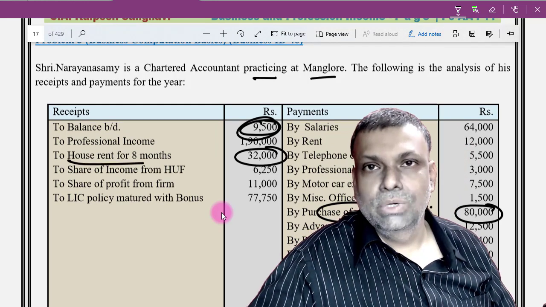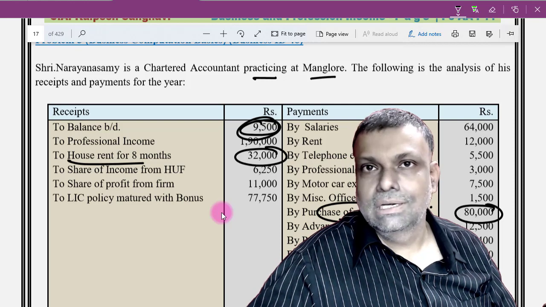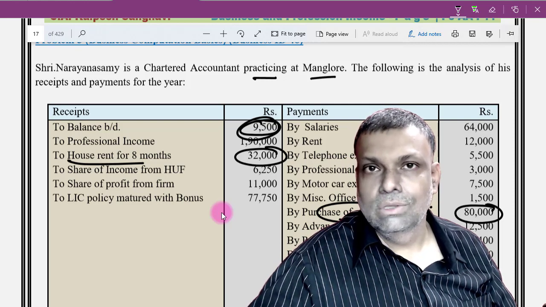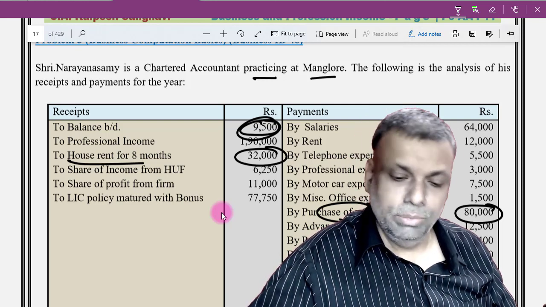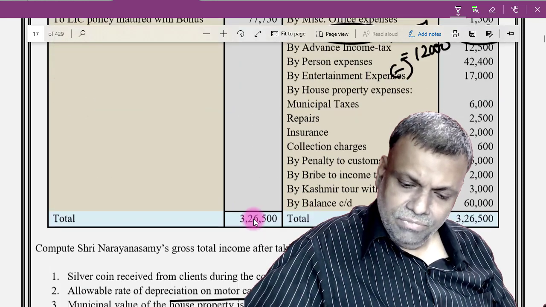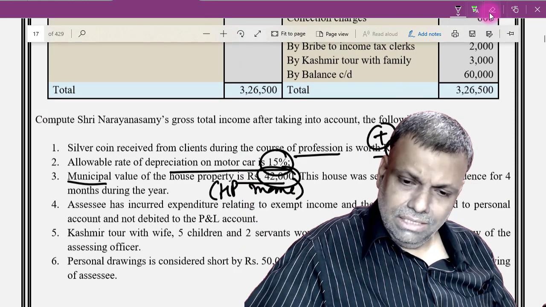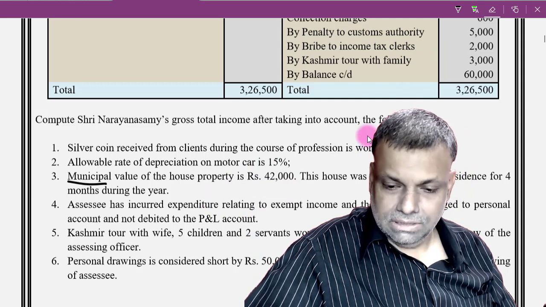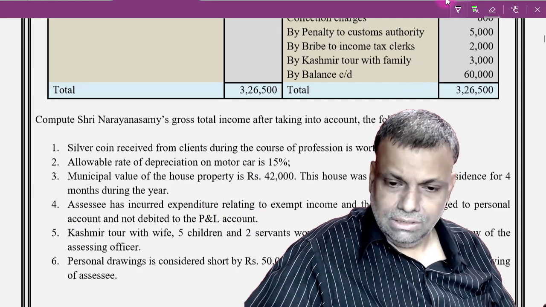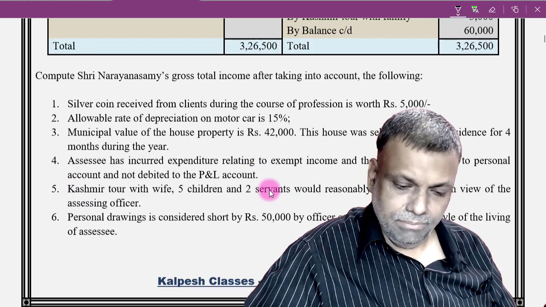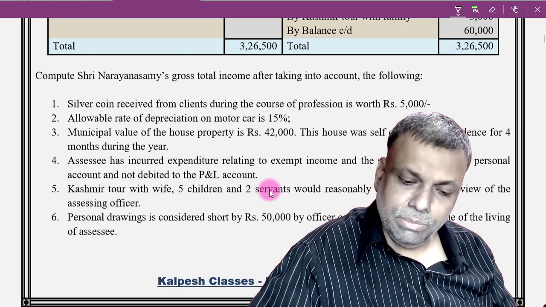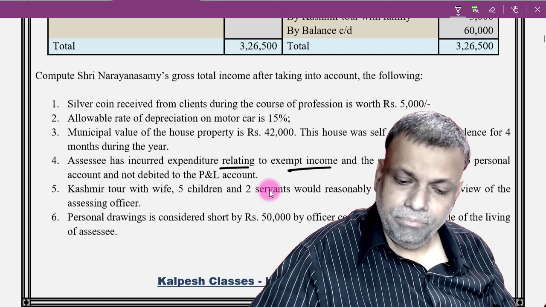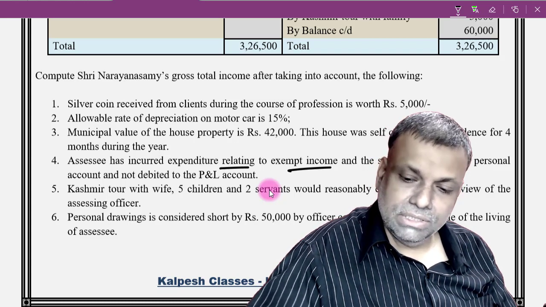So the house property computation I will do afterwards, after considering all the house property points which come into the picture. But right now I will ignore this particular point because I am focusing on the business income. So I will keep the house property computation in my back memory. Then the assessee incurred expenditure relating to exempt income, and the same was charged to personal account.